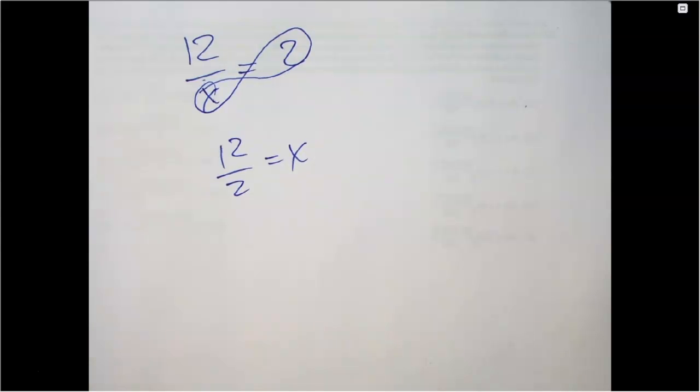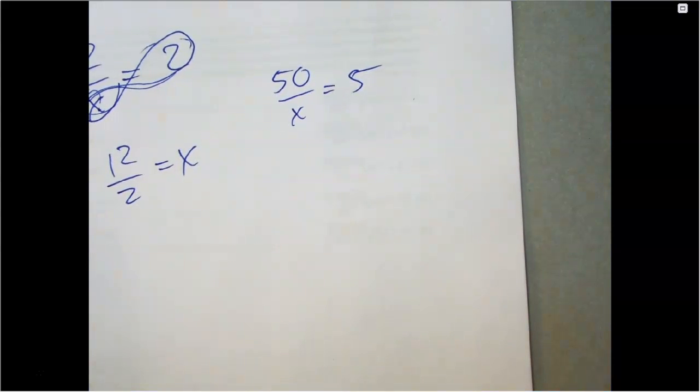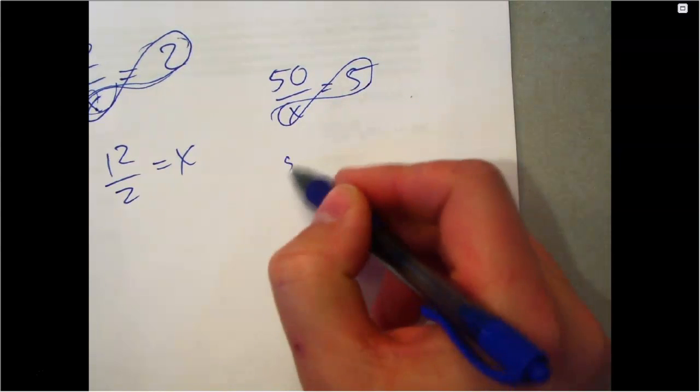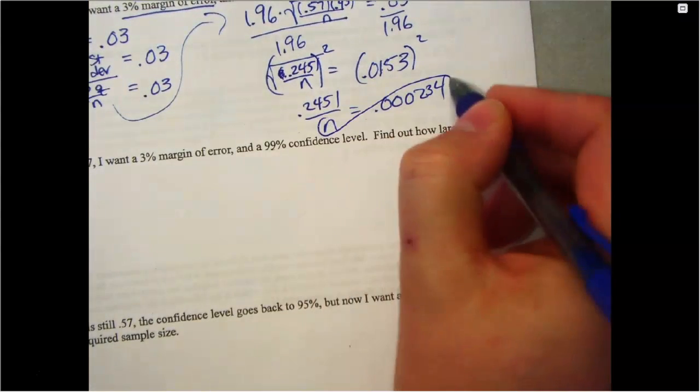So in the way you have it set up here, you're allowed to trade those spots. It'll still work. To convince you, 50 divided by x equals 5. x is 10? Well, if I just exchange those, wouldn't it tell me 50 divided by 5? So that's 10.